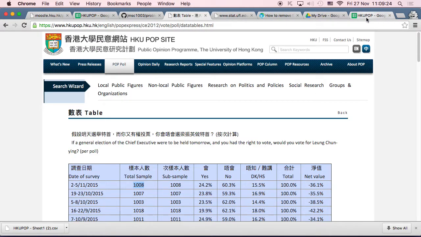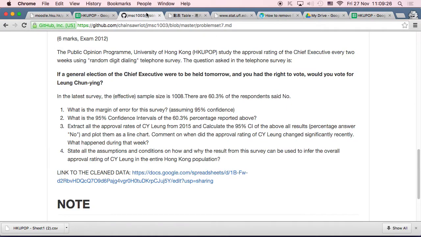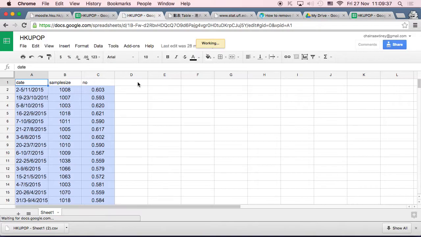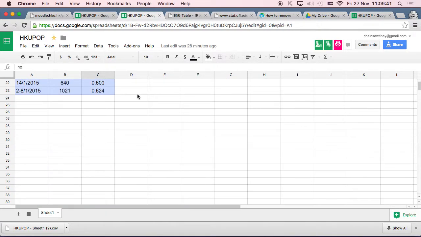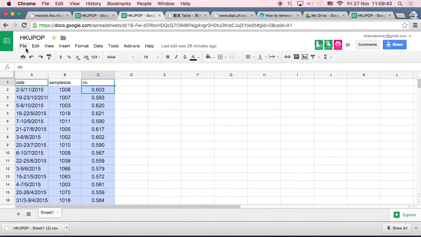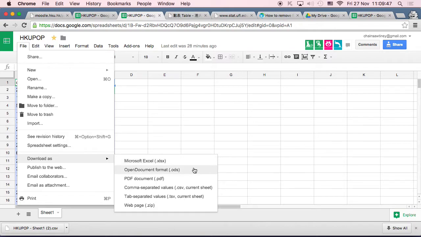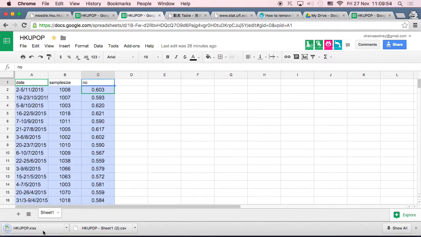But now it becomes easier because I have done the data cleaning for you. There is a link to the Google Drive data, which I have already cleaned. You can download it as XLSX or CSV. Let's download it as XLSX and then open it.